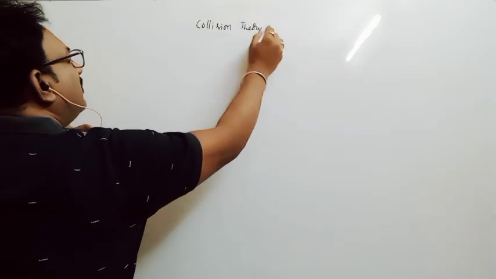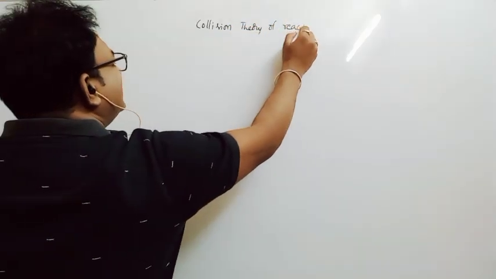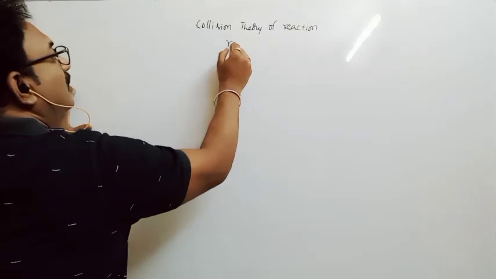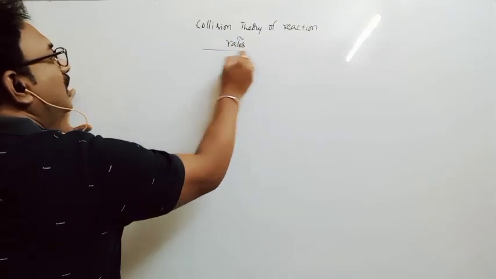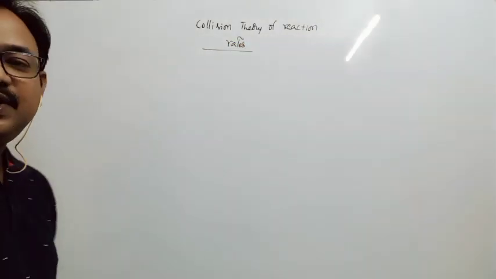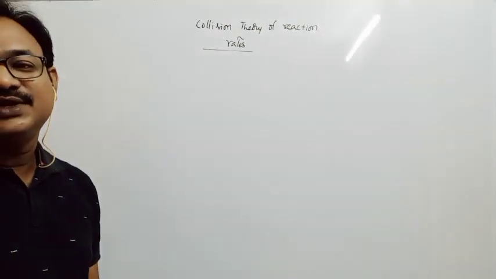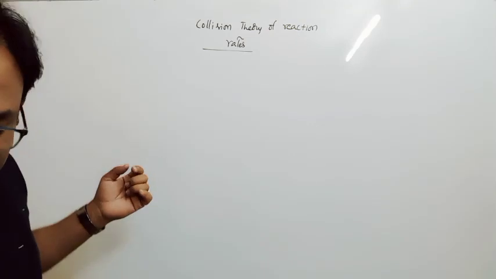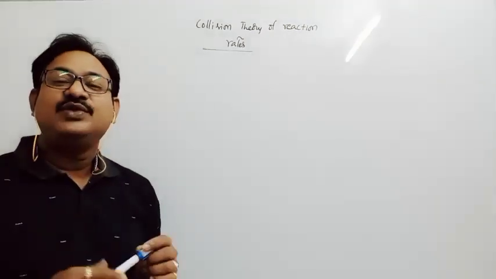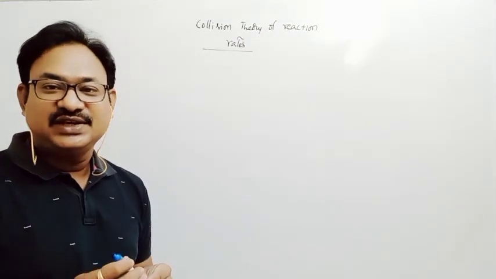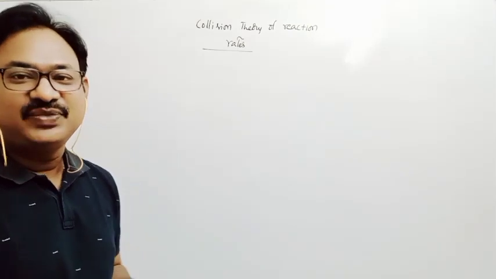Okay. So all of you listen carefully. Collision theory of reaction rates. It is also called molecular collision theory. Okay. Now all of you listen. How you can explain this collision theory of reaction rates or molecular collision theory?